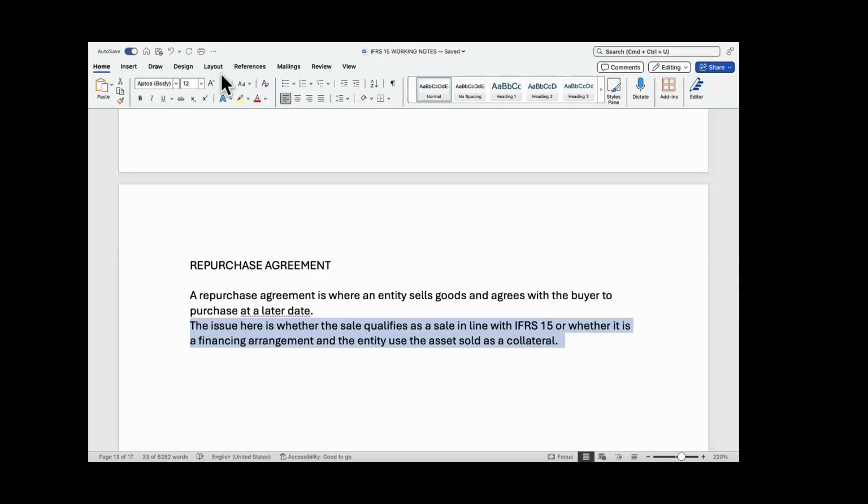I think it's a refinancing arrangement. What does that even mean? A financing arrangement, rather.